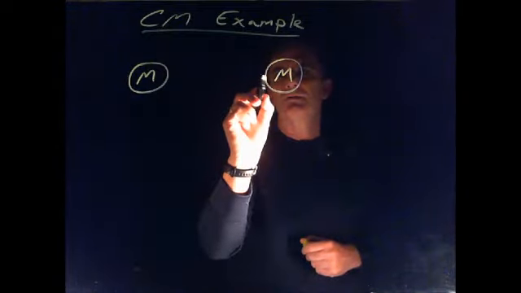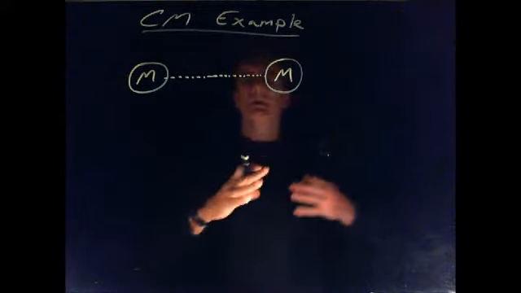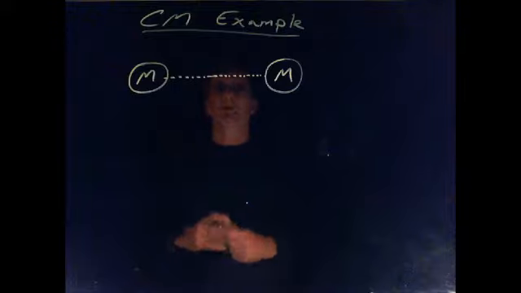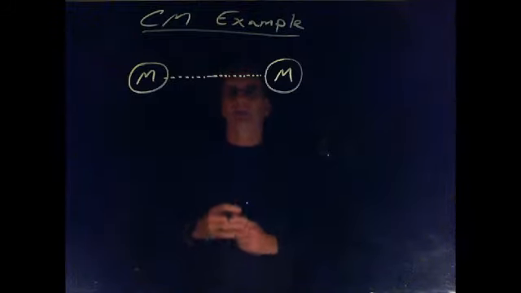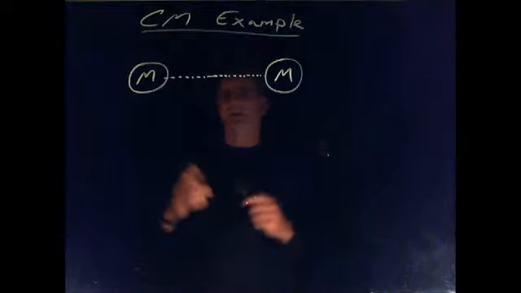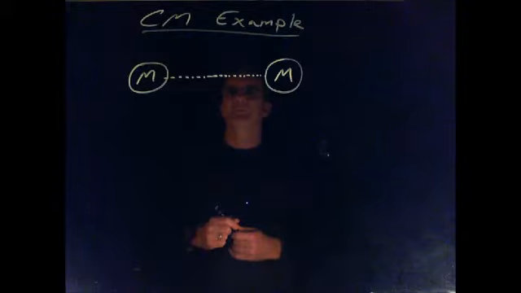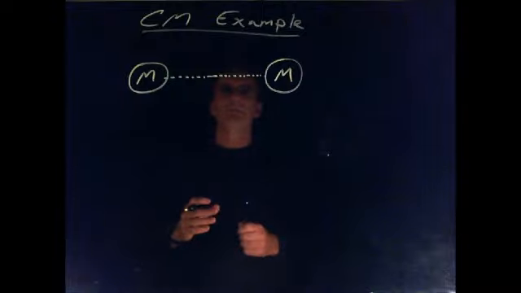I'm just going to make a connection between them, and that connection represents the gravitational force that holds them together. And so these two objects are tied together. A lot of times it's two masses connected by a light rod or a string. Fine, it doesn't matter.